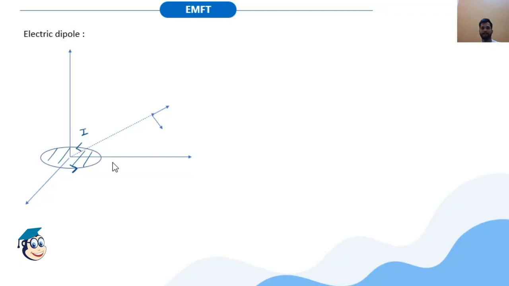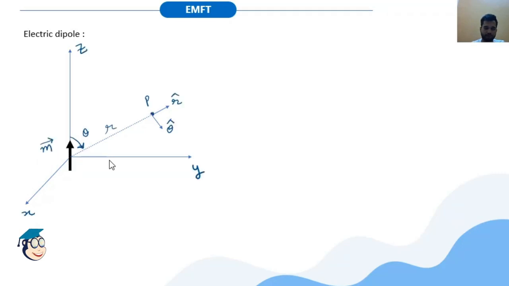You may be given in the question that the point P is at distance r, and that r is much greater than the radius of the ring. So these two questions are equivalent.